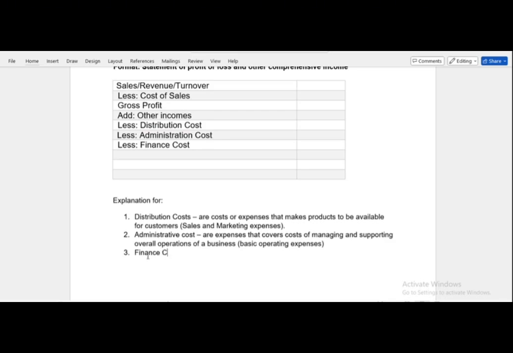So finance cost, what are they? Let's see.